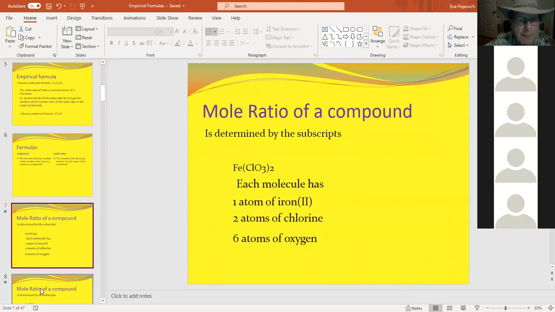If I have the same amount of chlorine, I would have 1.206 times 10 to the 24th atoms of chlorine, or 2 moles of chlorine. For oxygen, that would be 3.612 times 10 to the 24th atoms of oxygen, or 6 moles of oxygen. So the subscripts within a compound also tell me the molar ratio of that particular compound.